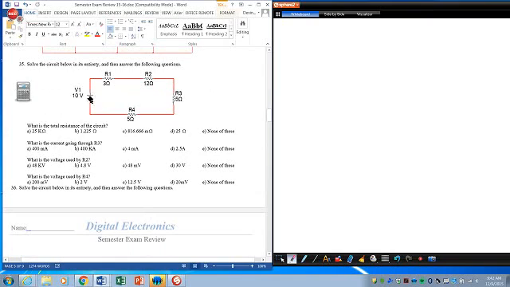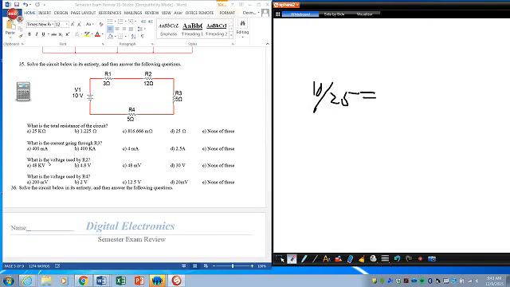Once again, with the total resistance of 25, the current would be 10 divided by 25. Whatever you get from that should be your answer.